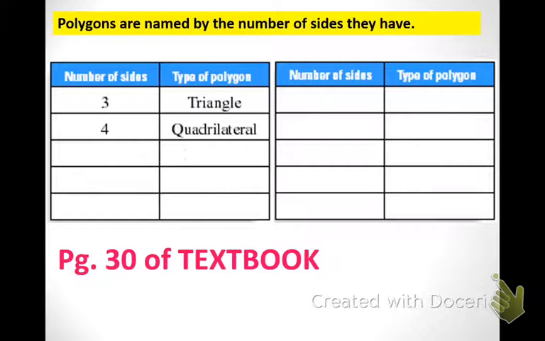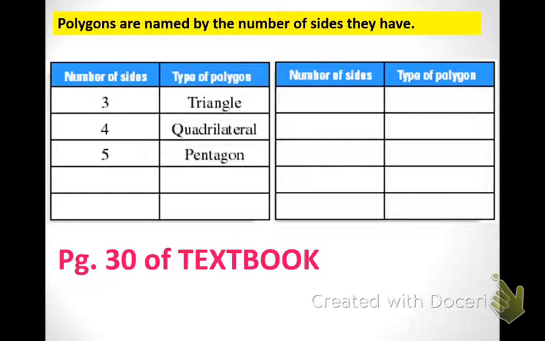So the big papa name is quadrilateral, and then it has specifics that it can be. It can be a square, it can be a rectangle, but we call them quadrilaterals. It's a patriarch like Abraham.